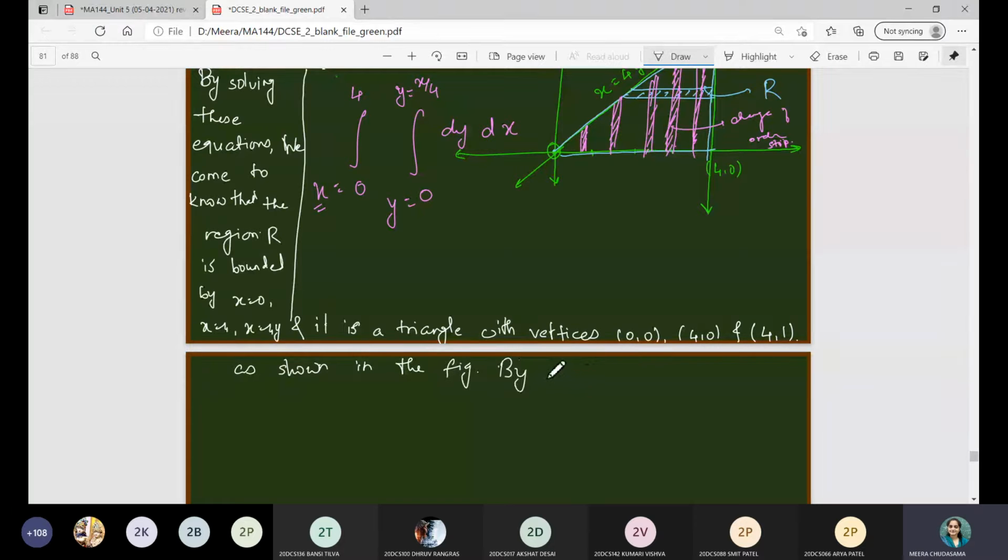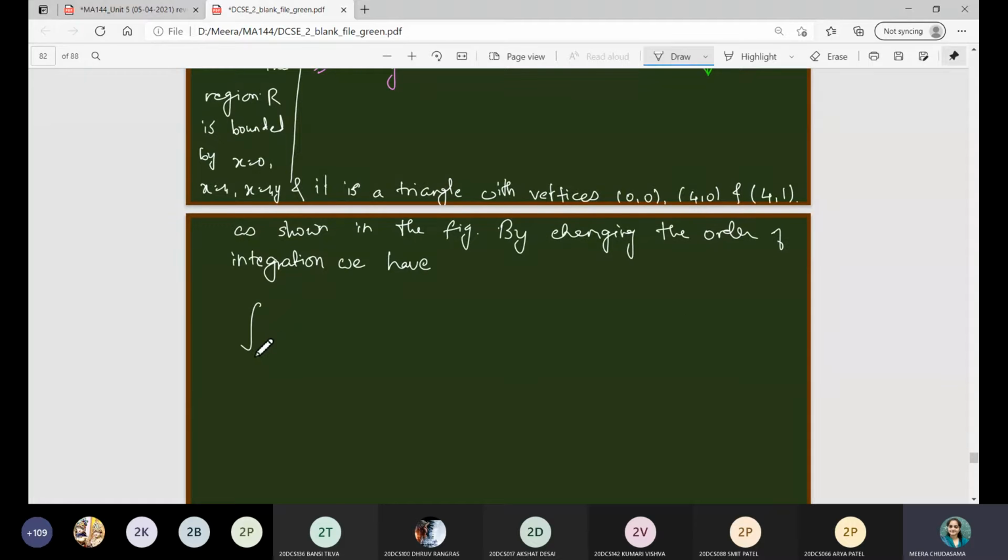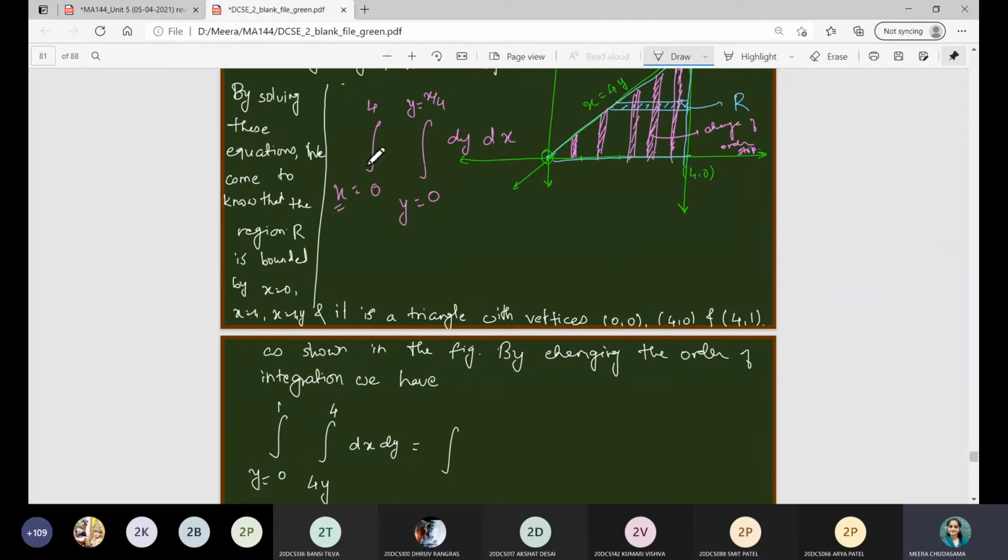So by changing the order of integration, we have, first we will write down the given expression, that is integral y is equal to 0 to 1, then 4y to 4, dx dy, is equal to the changed integration, which is written with the pink color.